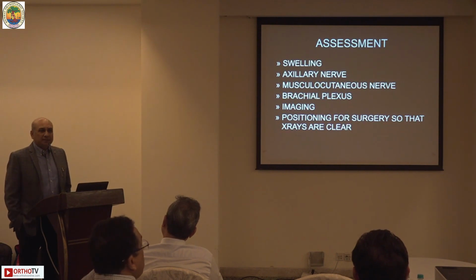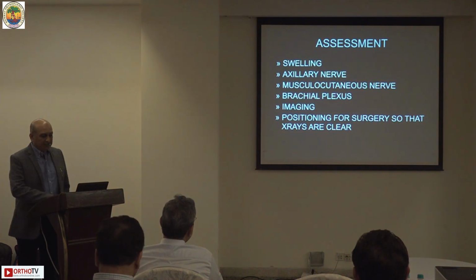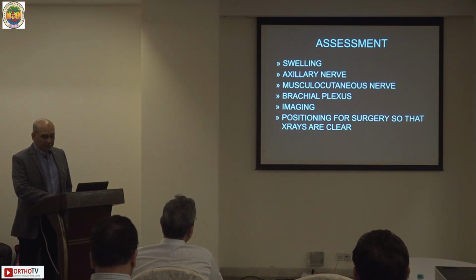So how do you assess a patient with a proximal humeral fracture? Check the swelling, check the axillary nerve, check the musculocutaneous nerve. Any brachial plexus damage has to be documented prior, and then different types of imaging. Positioning for the surgery is very important, so that our X-rays taken intraoperatively are clear.